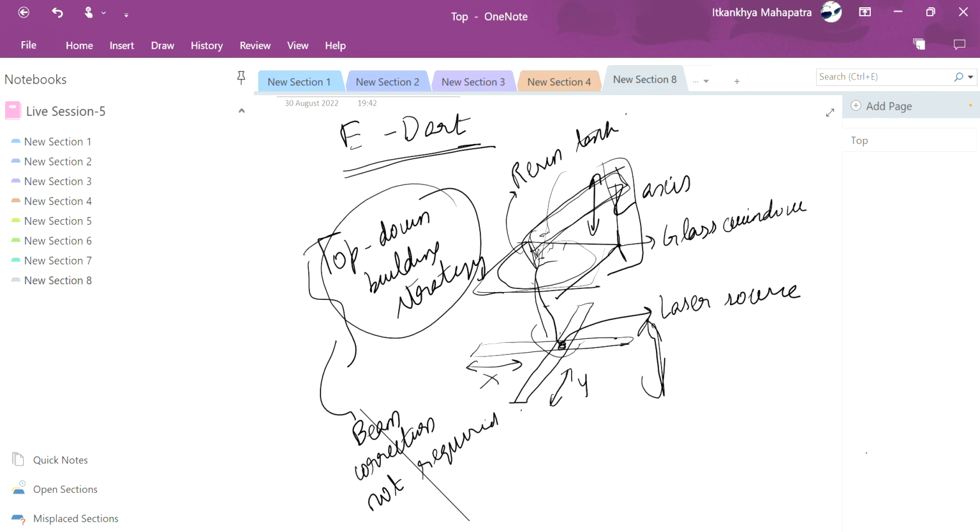From here the laser is directed onto this, and it goes through this clear glass chamber. This is the glass window, and there will be movement up and down. This is the laser correction spot.